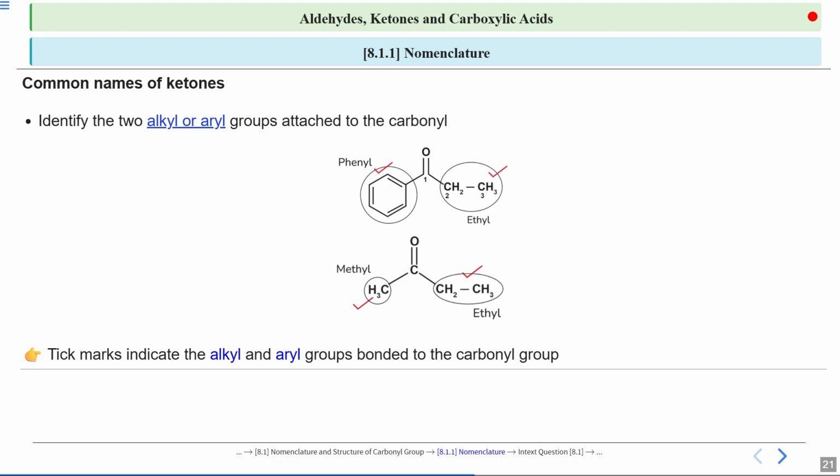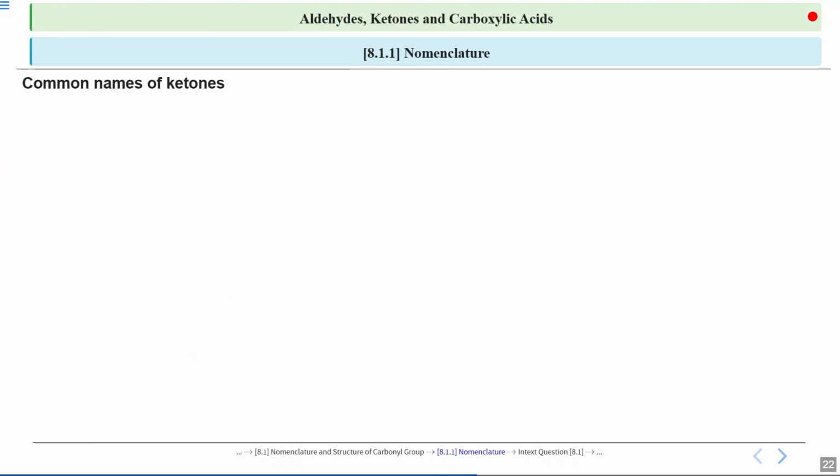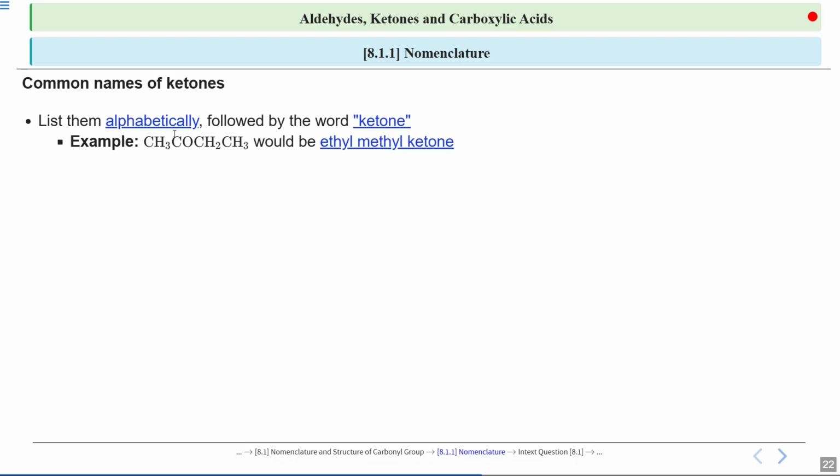So if we see further about the common names of ketones, we will list them alphabetically, which is followed by the word ketone. As I told you in previous slide, you will write the alkyl or aryl groups alphabetically and then it is followed by the word ketone. Example, if you see, which we discussed, then if you see over here, the one side you have a methyl group and on this side you have an ethyl group.